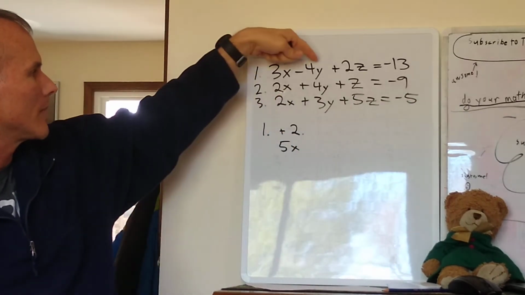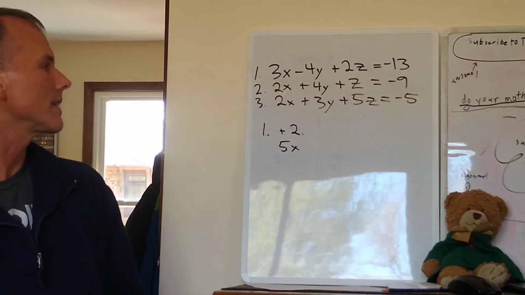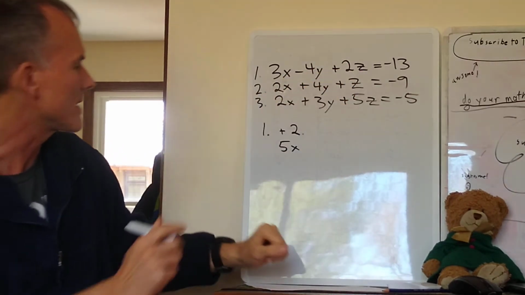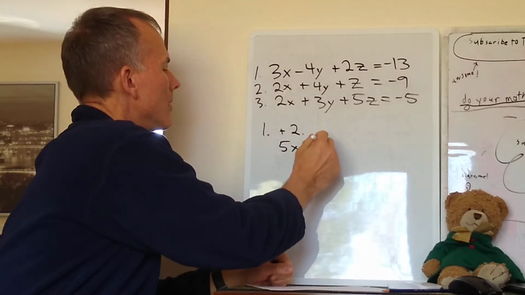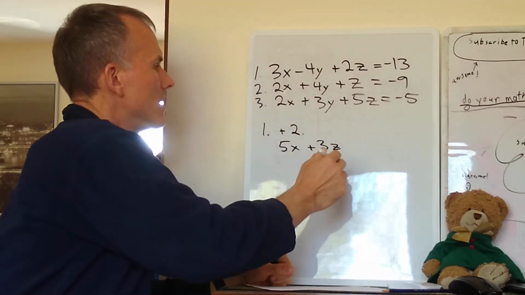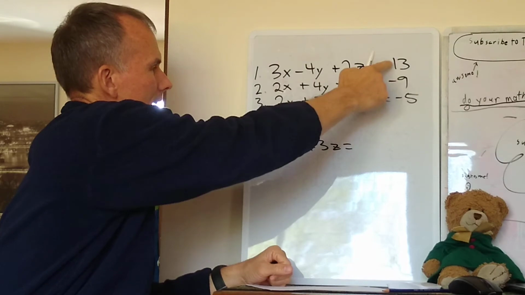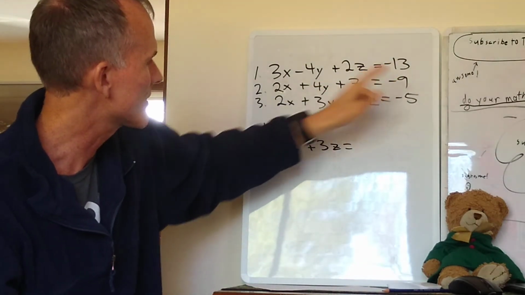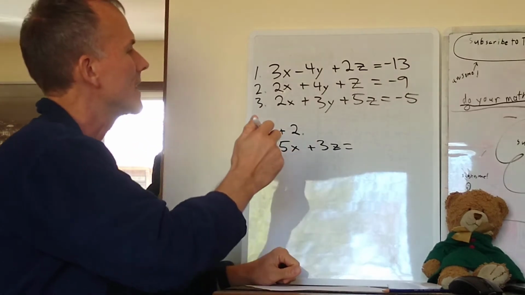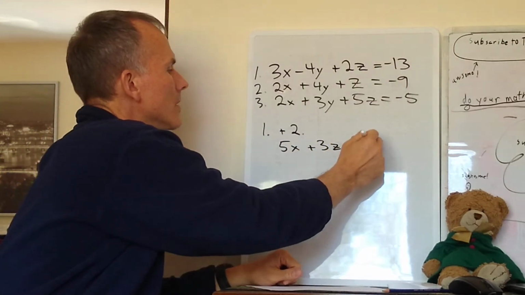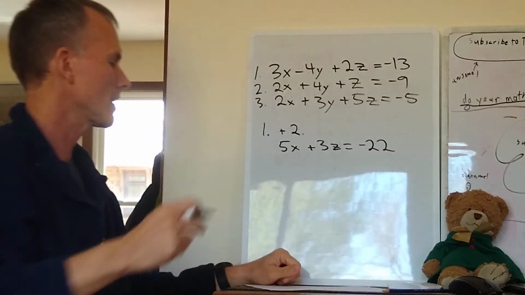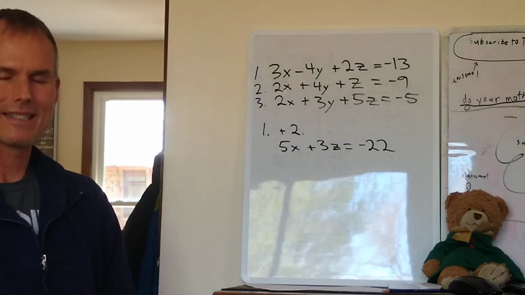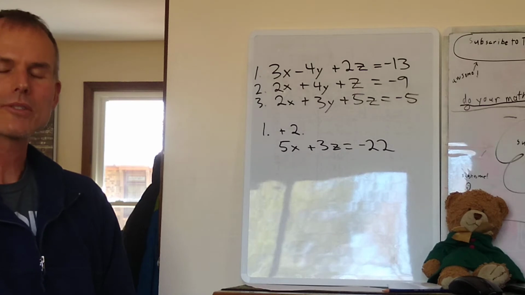When I add, the y terms are eliminated. 2z plus 1z makes 3z. And then, on the other side of the equation, negative 13 plus negative 9 makes negative 22. Notice now I have an equation that does not have a y in it anymore. That's great.